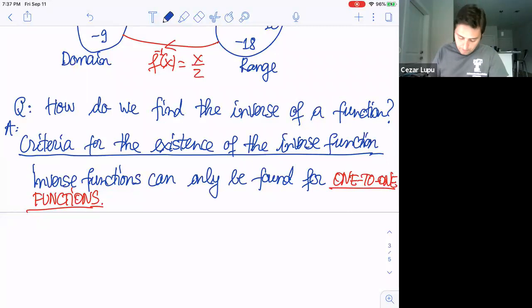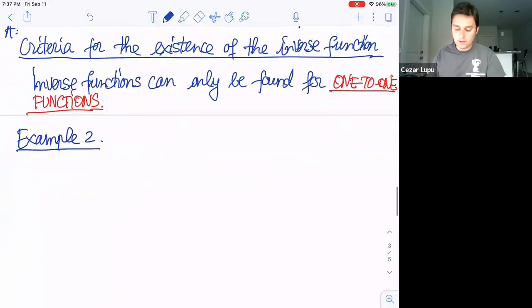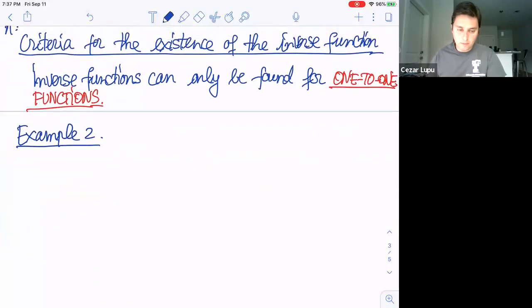Let's see an example. So I think this is example 2, and this one is example 1, let's say. Let me take the following function. f of x is x squared. So I'm going to take the simplest quadratic function, f of x equals x squared.